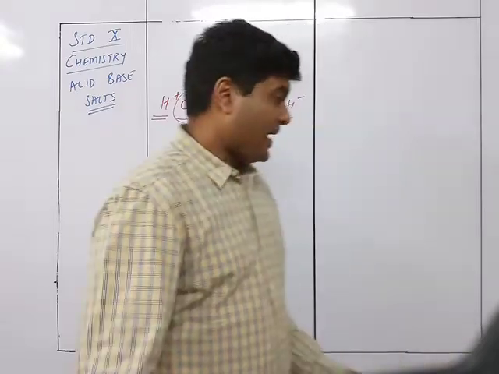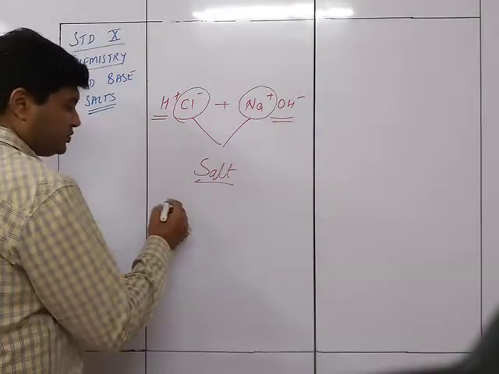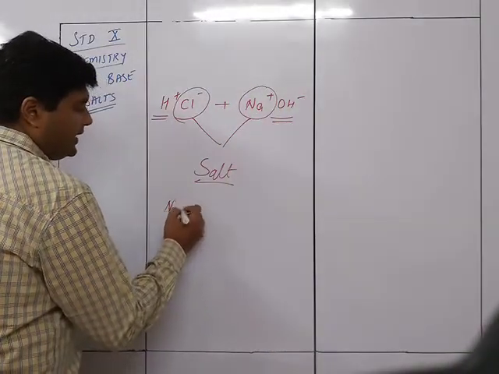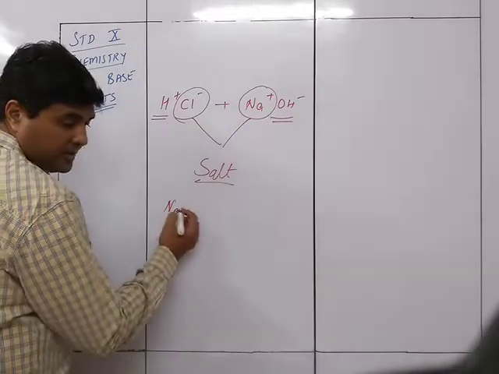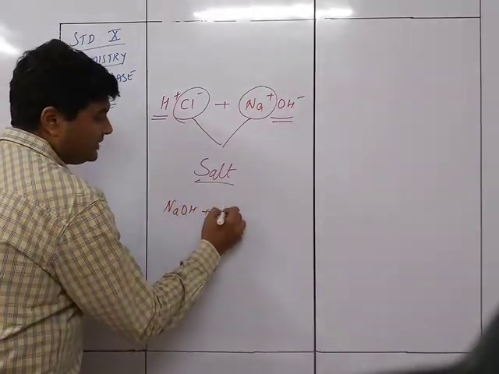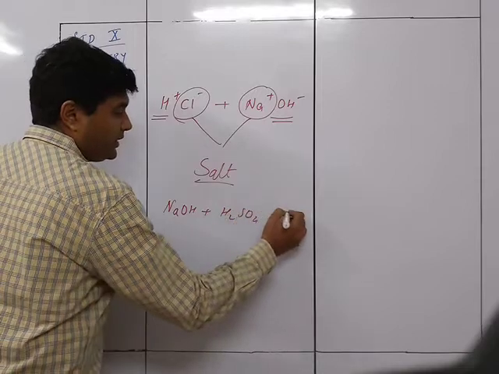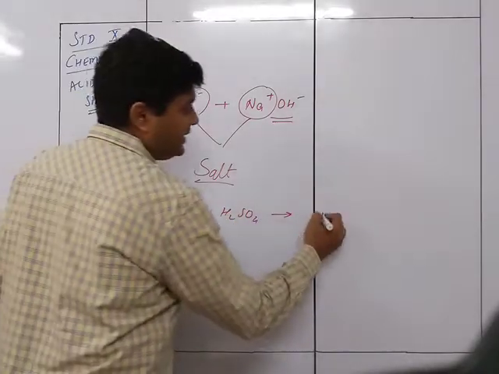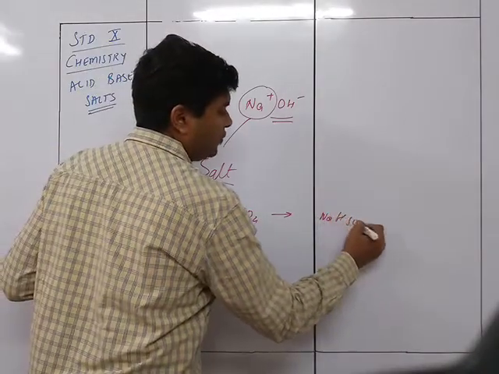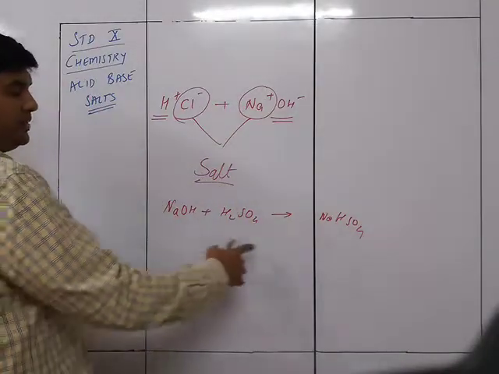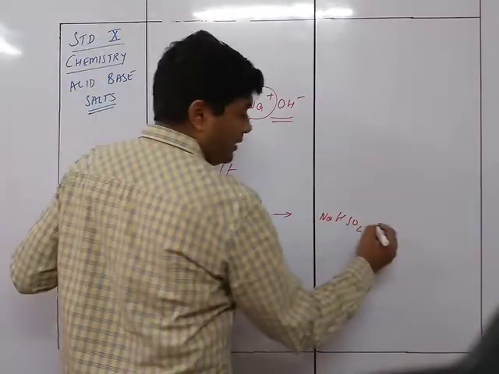Like we had that equation in the earlier part: NaOH plus H2SO4 giving me NaHSO4 plus H2O.